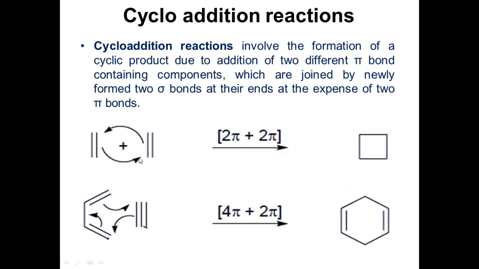So here two pi bonds lead to the formation of two sigma bonds. The same happens with other pi-bond components. This is for the cycloaddition reactions.